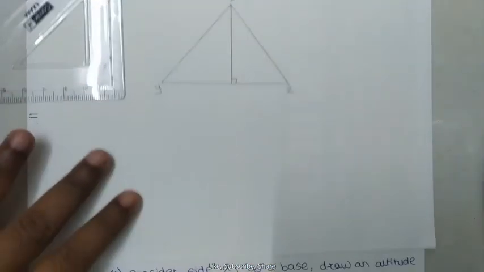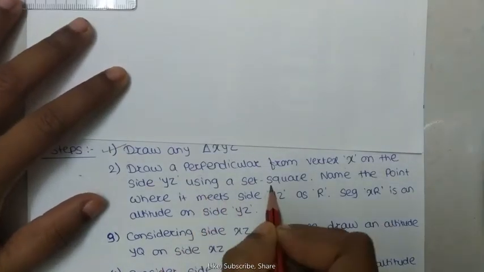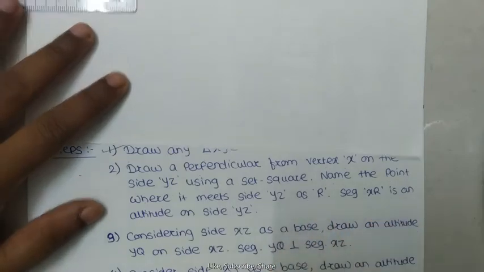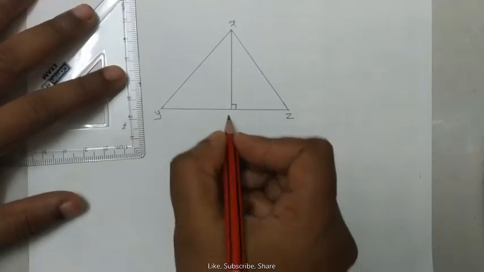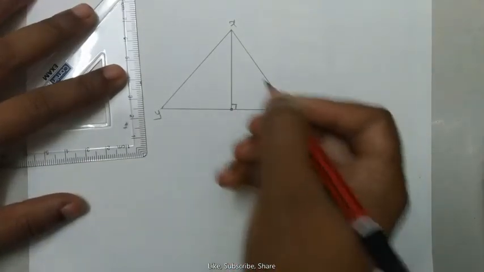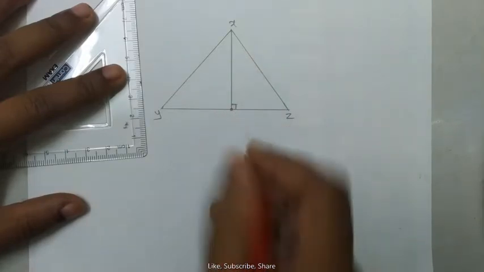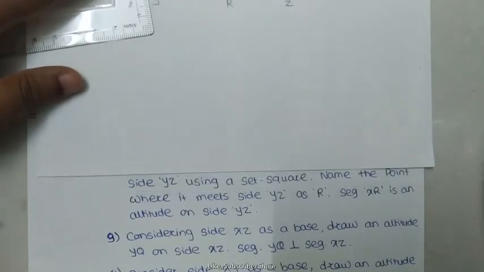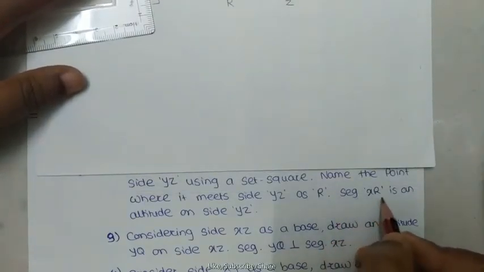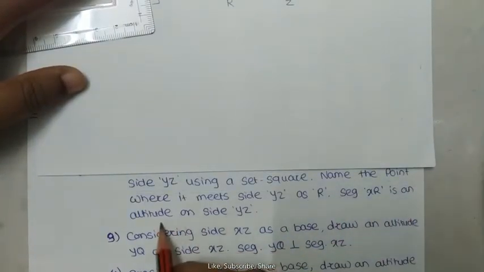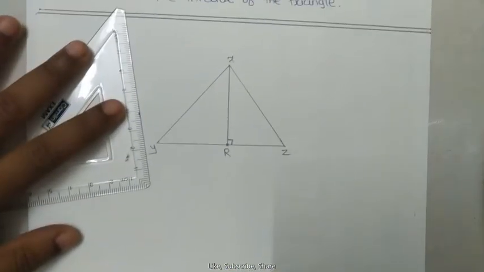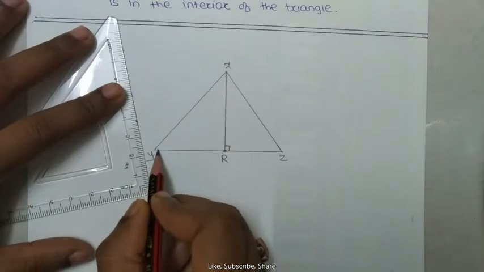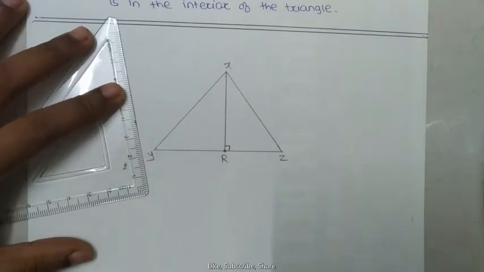Now, using the set square, name the point where it meets side YZ as R. So this point we name R. Now segment XR is an altitude on side YZ.